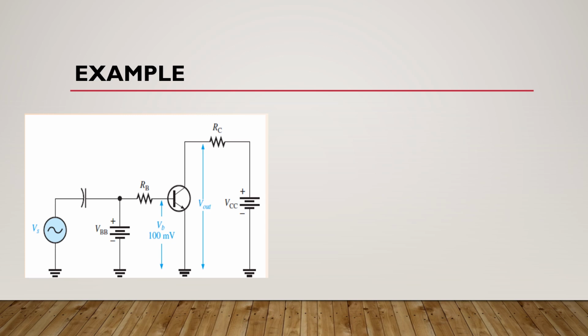Now look at this example. If collector resistance is 1200 ohms and if AC emitter resistance is 20 ohms, then what is the value of voltage gain? Here we know that voltage gain is equal to collector resistance divided by AC emitter resistance.